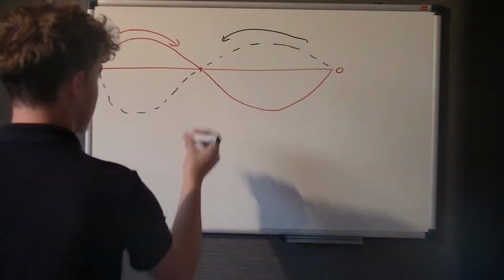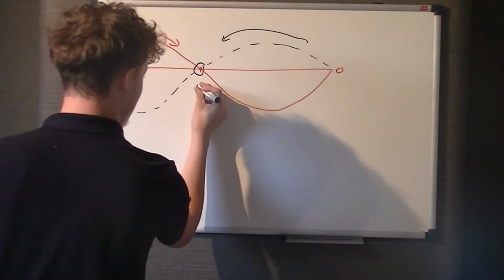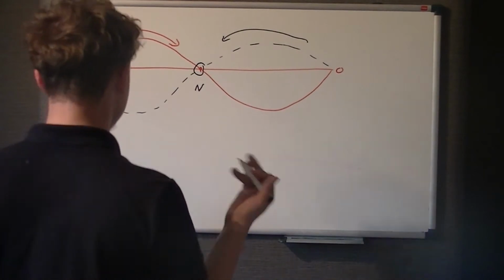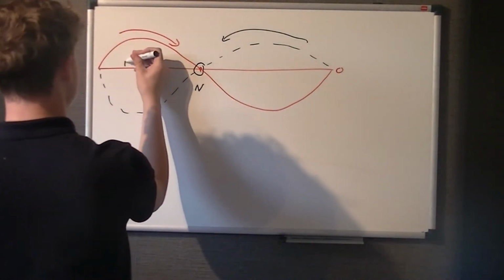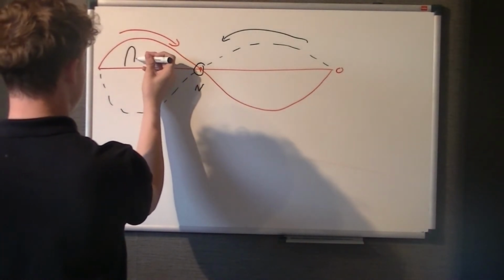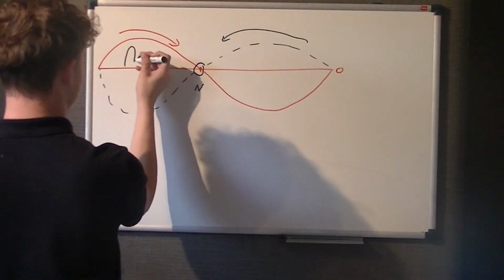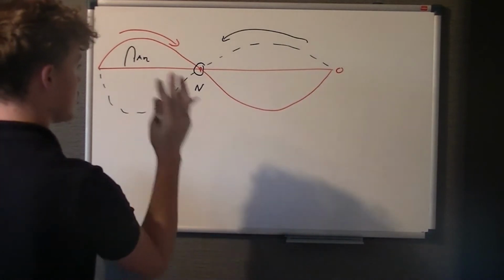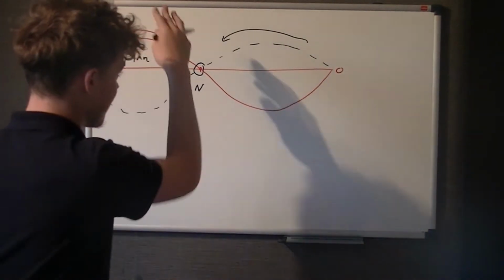So a node is where there's no displacement. The opposite of no displacement is maximum displacement, and that's what we mean by an antinode. An antinode is the same as the amplitude of the wave, and because it's the same on either side, it's just the height of one crest.